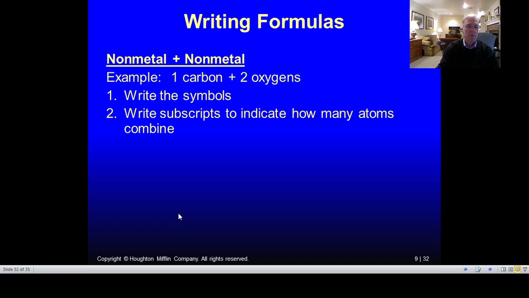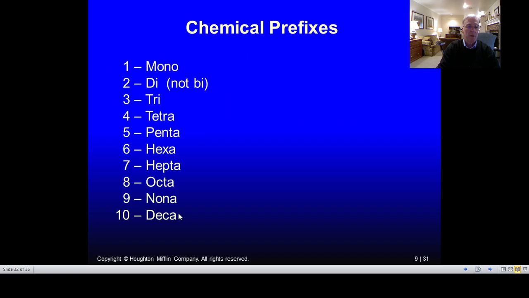So, if we wanted to describe, for example, carbon monoxide, or the formula from 2 nonmetals where there's 1 carbon and 1 oxygen, we would name it carbon monoxide. I'm not sure why, no one's ever explained it to me, but for some reason we don't use the prefix mono with the first nonmetal, only with the second nonmetal.